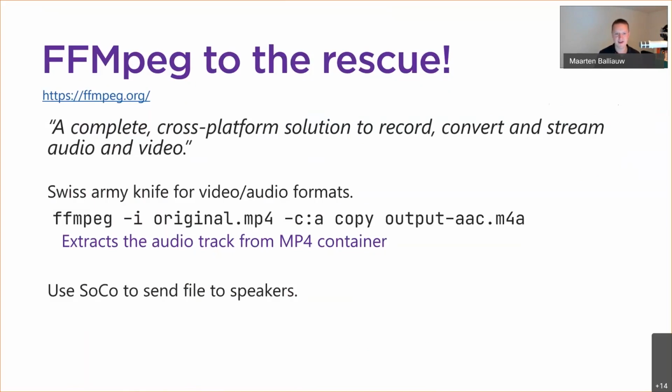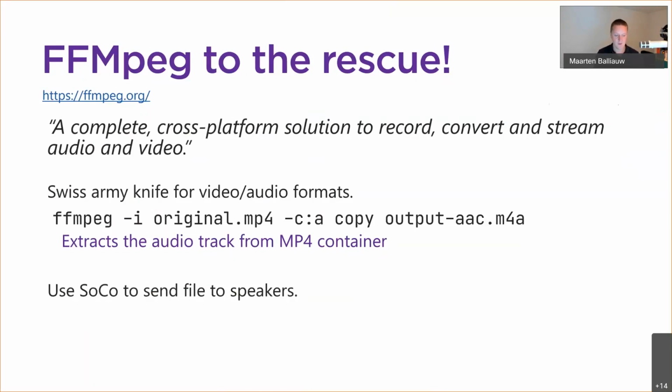If you are using OBS Studio, for example, to stream something to YouTube or whatever, there's a good chance that it is using FFmpeg under the hood because essentially everything you may want to do is in there. Also extracting those AAC formats. So if you call FFmpeg with the input of the original MP4, then copy to outputs, and extract the audio, then you will get the audio track from the MP4 container.